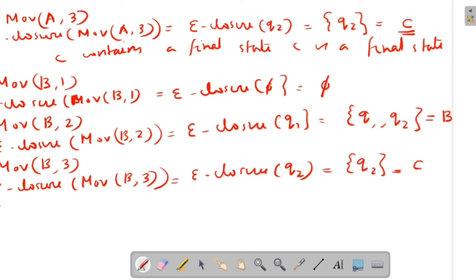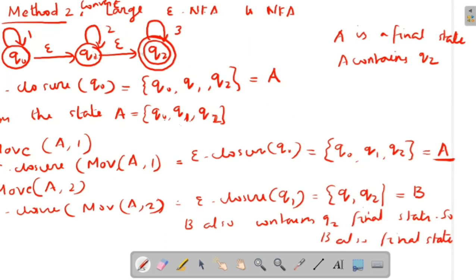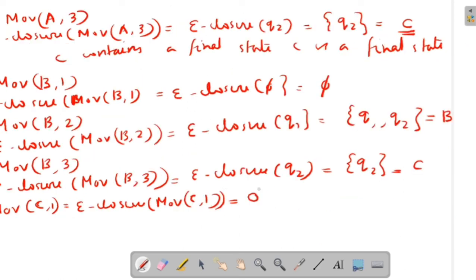So next we find out what is move of C comma 1. Move of C comma 1 is equal to epsilon closure of move of C comma 1. Okay, what is C? C is equal to q2. If there is any transition over the alphabet 1 from state C. So here C is equal to q2. There is no transition over the alphabet 1. So here it is null set.